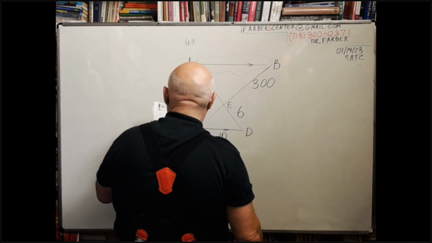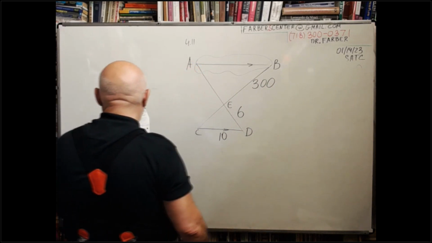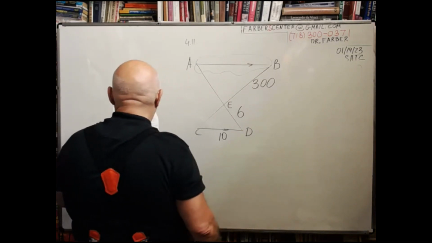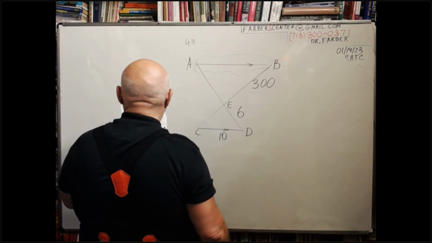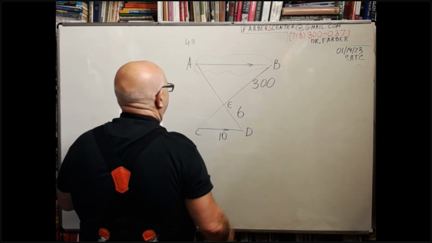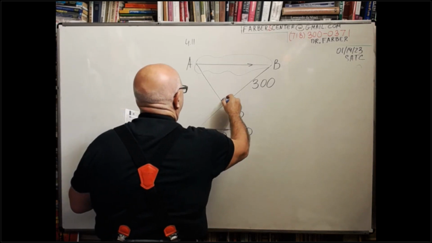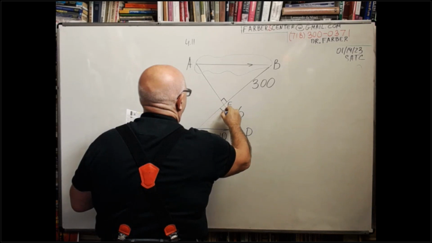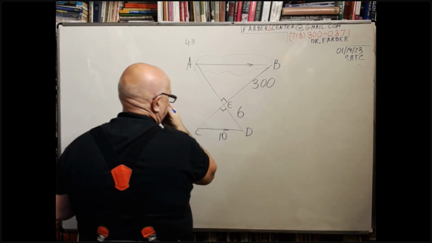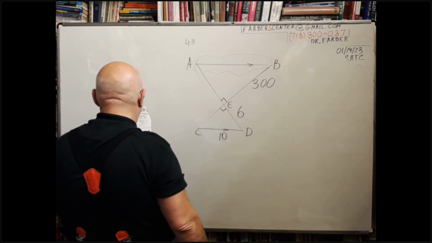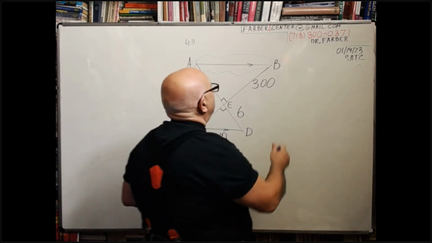Okay. BC equals 300 feet. Good. And this is 90 degrees. And what to find? What is the length of the lake AB?